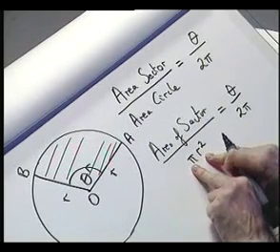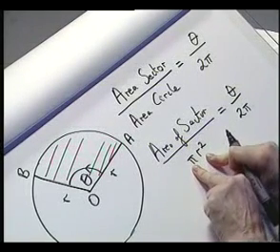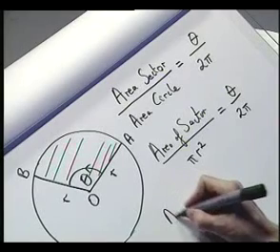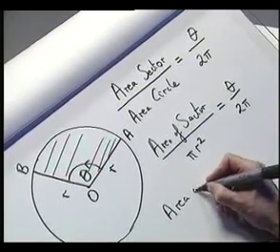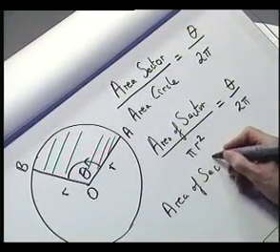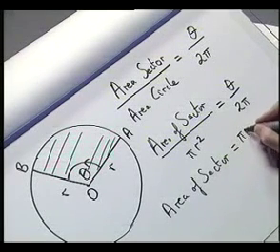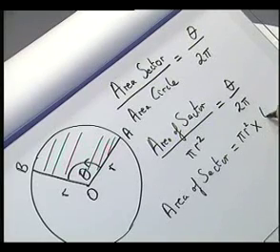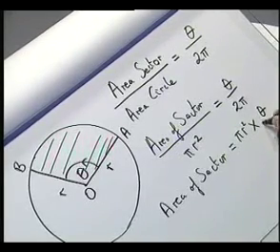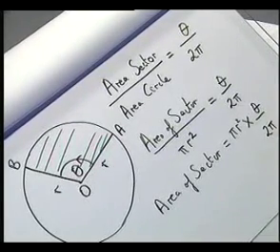And if we multiply up by this expression here, the pi r squared, the area of the circle, then we have the area of the sector is equal to pi r squared times theta over 2 pi.